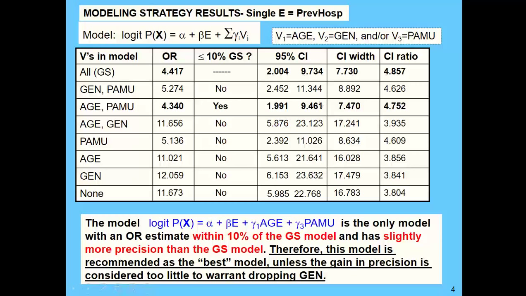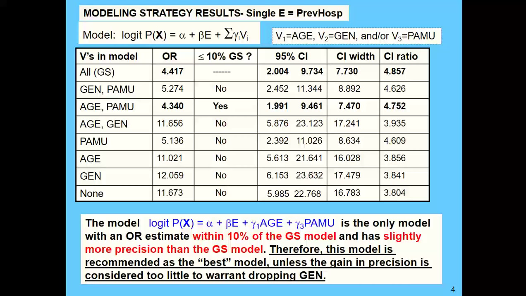So the answer in terms of what's the best model, either one of these 2 models is essentially saying the same thing. They're essentially giving you the same odds ratio and essentially the same amount of precision, and the odds ratio is significant. Because the confidence interval doesn't contain 1, we could also do a test for it using the logistic program that we have in SAS.